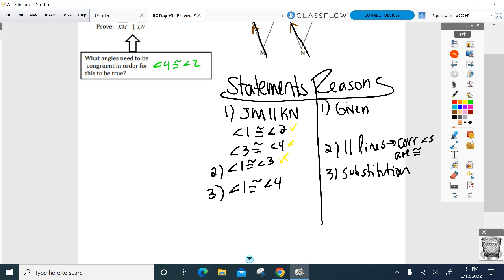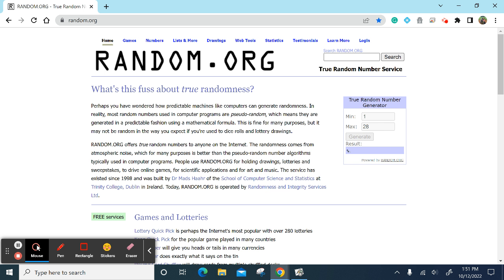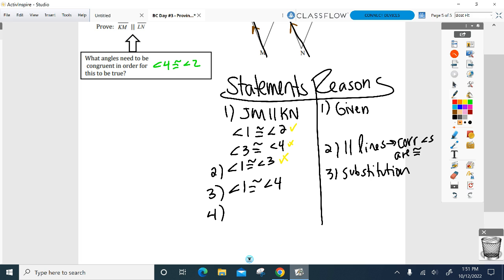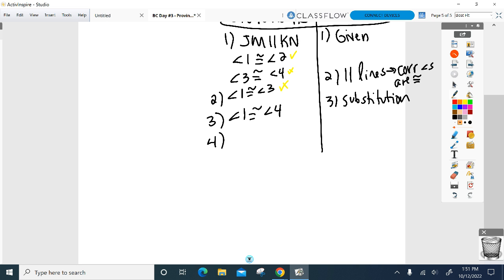Now use the one I haven't used. 1 congruent to 2 has not been used, and you just wrote down 1 congruent to 4. Put those 2 together using substitution now, and tell me what angles are equal. 1 and 2 are equal. 1 and 4 are equal. 4 and 2.